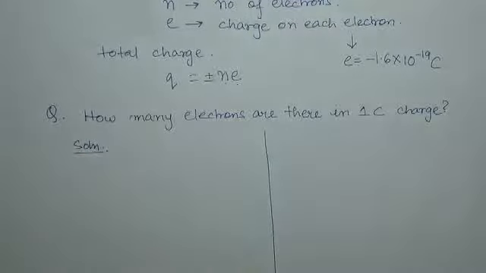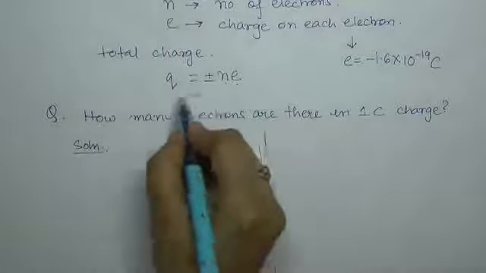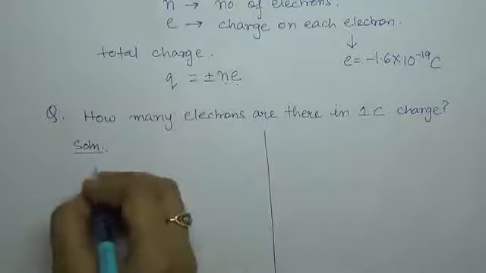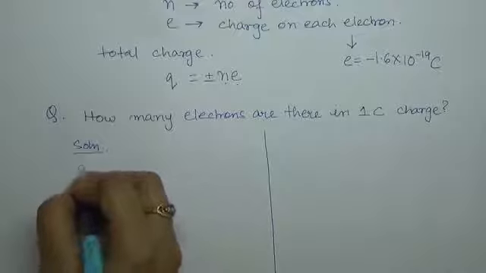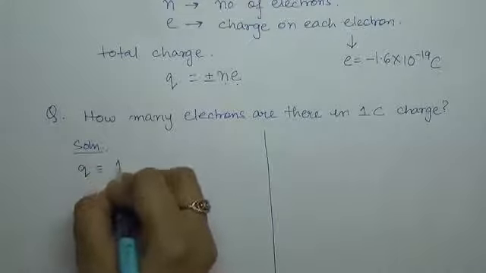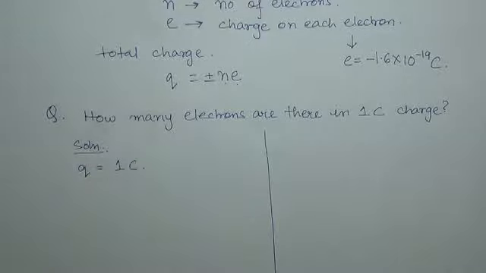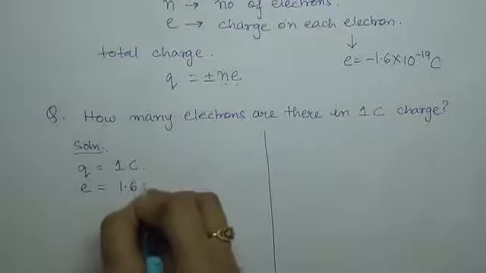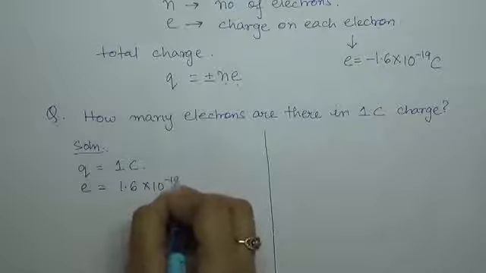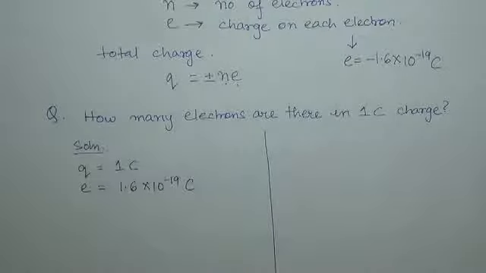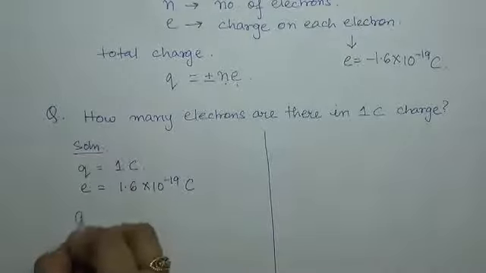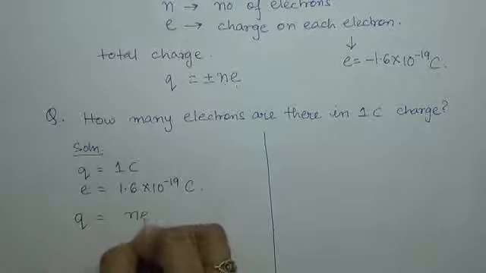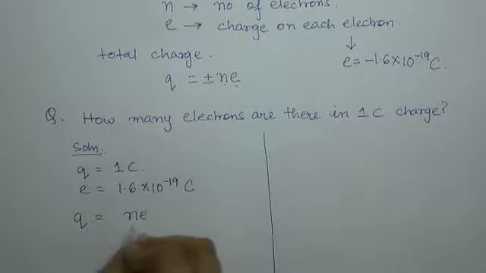The formula is known to us. If we want to find the number of electrons, first write the data. Q is 1 coulomb, and the charge on each electron e is 1.6 times 10 to the power minus 19 coulomb. According to the formula, Q is equal to n times e, and here we want to find n.